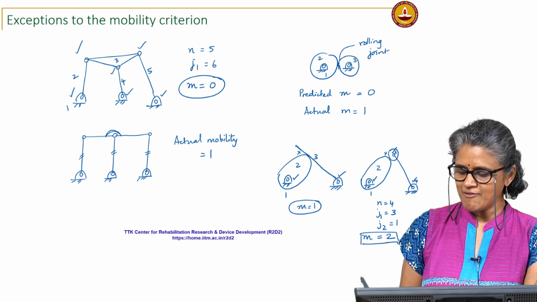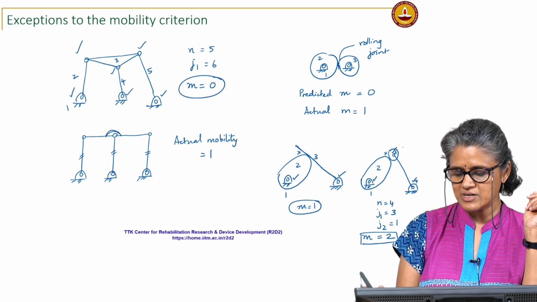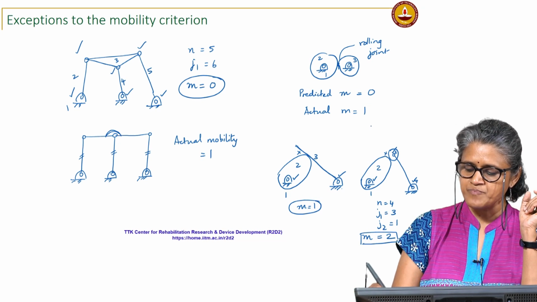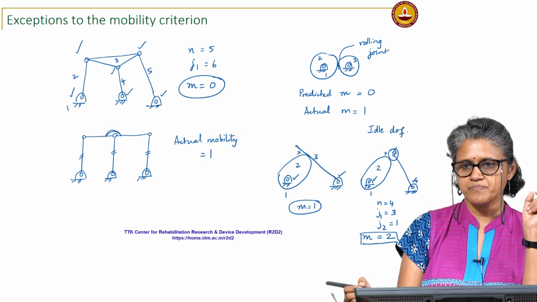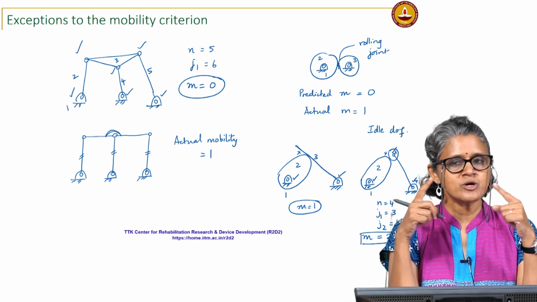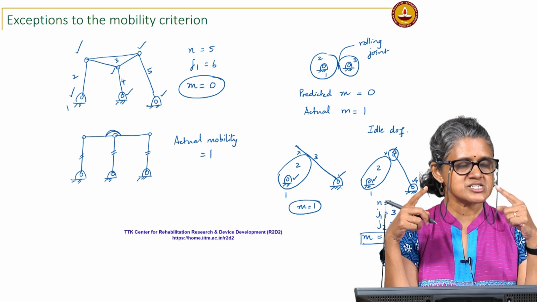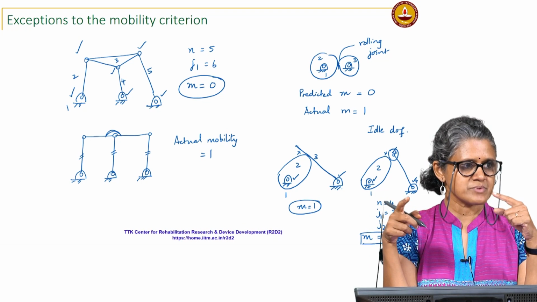Okay. So, when you have degrees of freedom like that, which is encountered typically with rollers and things like that, those are called idle degrees of freedom, because they do not affect the input output relationship.